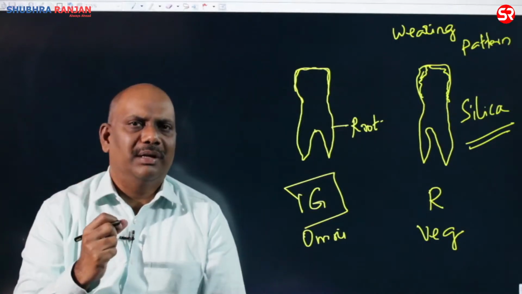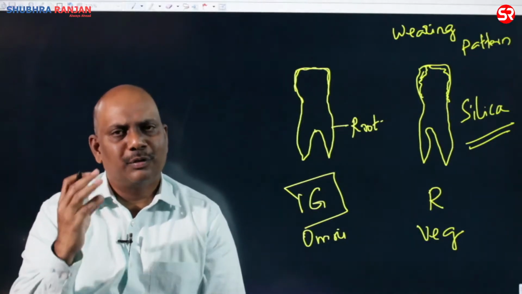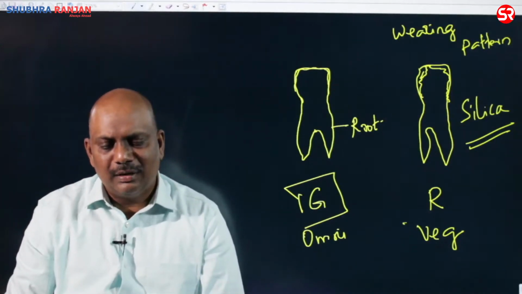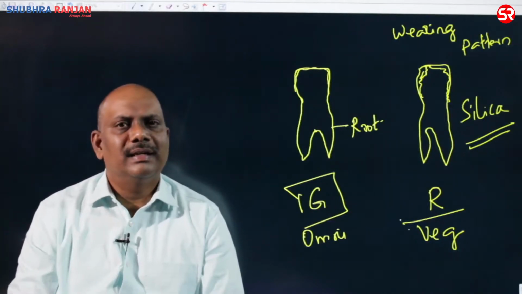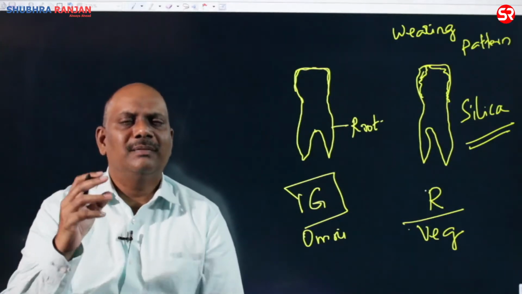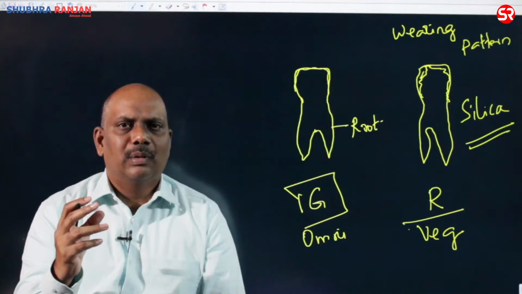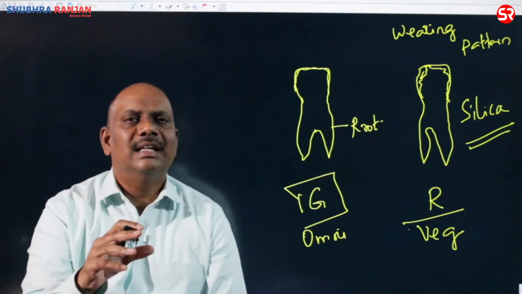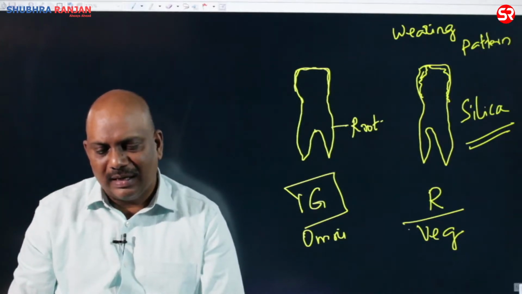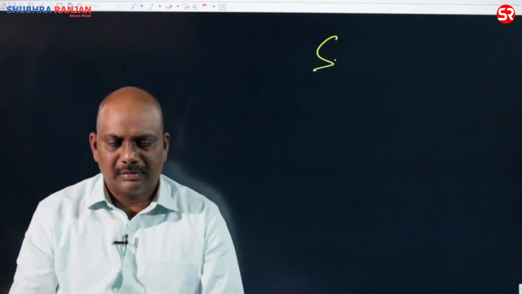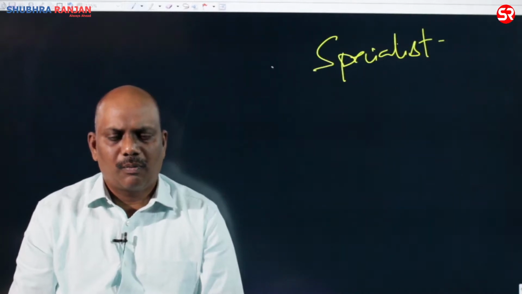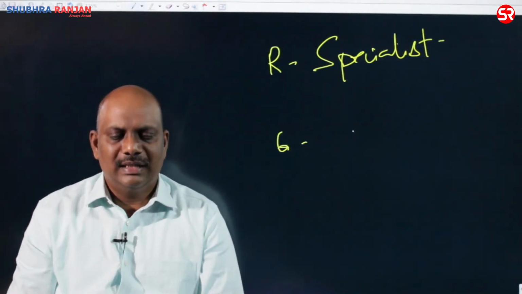Silica is not found in meat, but it is there in fruits, vegetables, tubers, nuts, etc. So the presence of silica in the food of robust created a greater wearing pattern. This shows that robust were strictly vegetarian, while gracile were omnivorous. In an ecological sense, we call robust a specialist, while gracile a generalist.